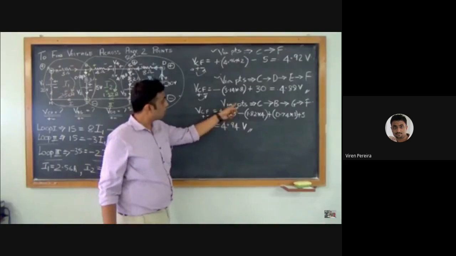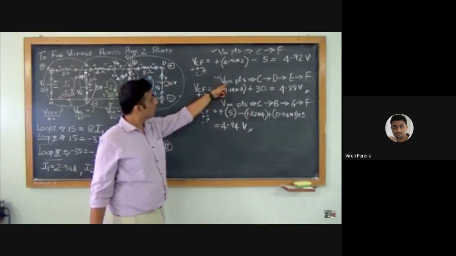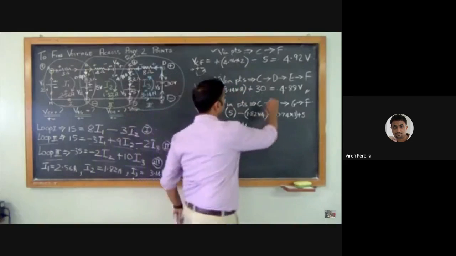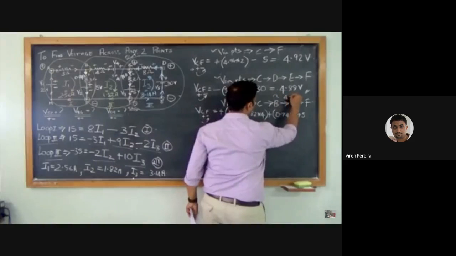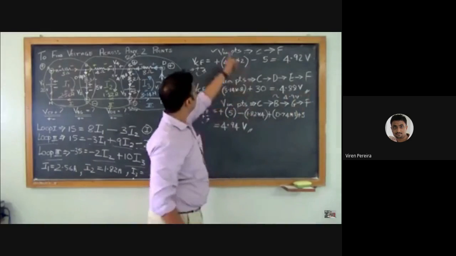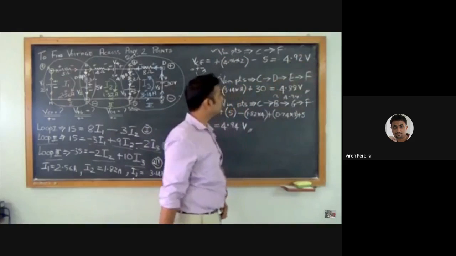VCF via points C, B, G and F will be 4.94. Via points C, D, E, F is 4.88, which is nearly equal to 4.9 volts. And via points C to F it is also 4.92 volts.